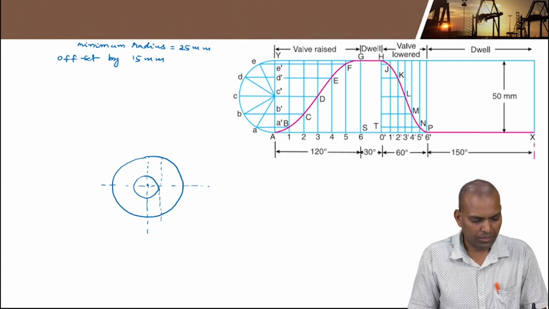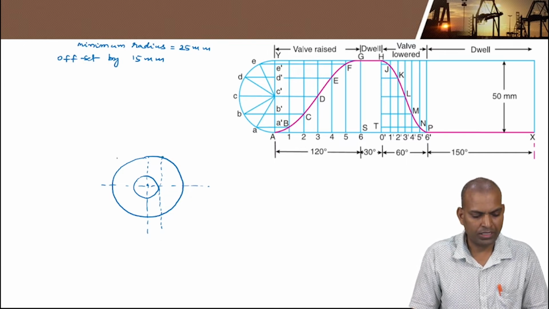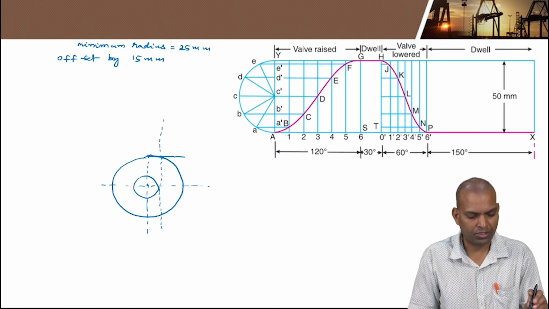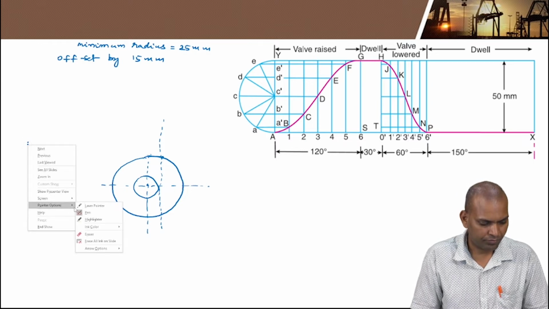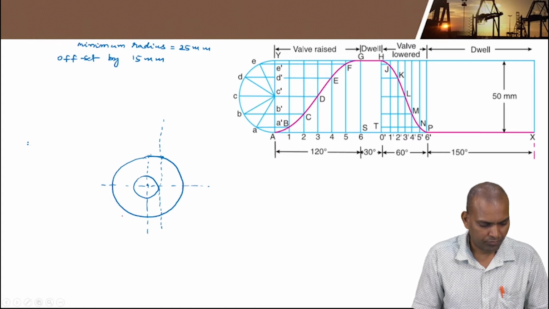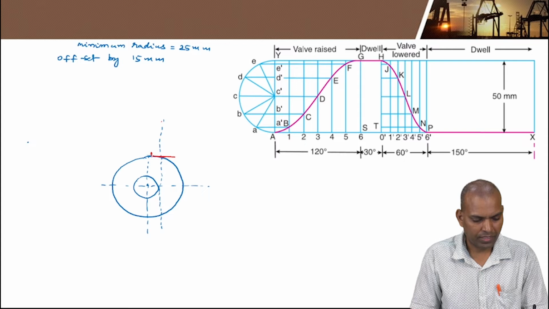Now, touching the offset circle, draw an axis line, a vertical line, intersecting the base circle at the point where this flat faced follower is in touch. The flat faced follower is 20 millimeters wide, 10 and 10.